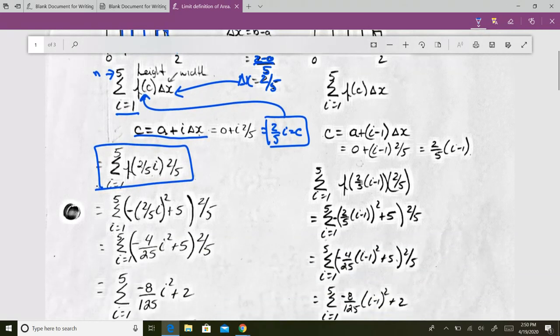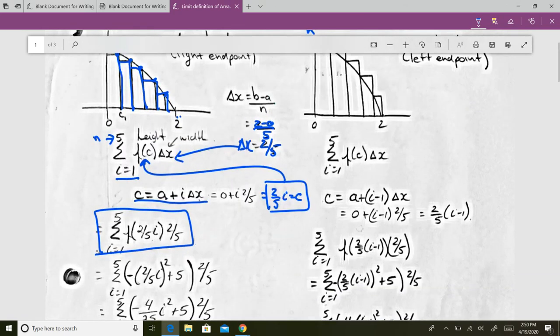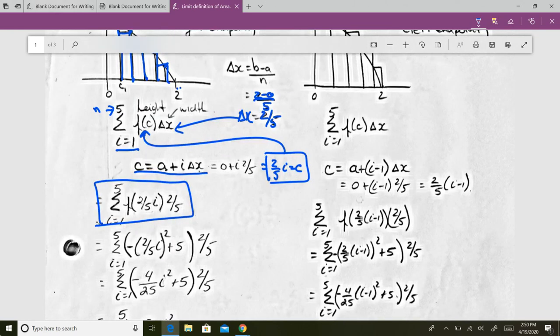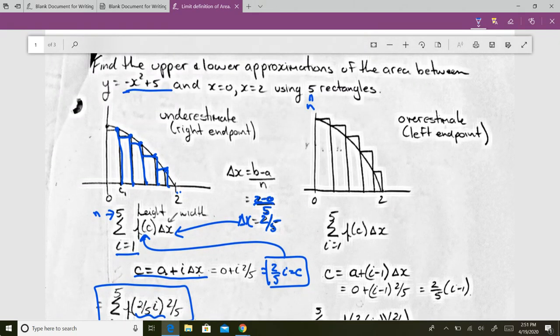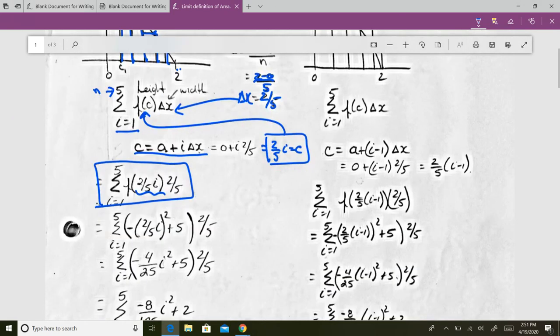Now, this goes into your function, which was negative x squared plus 5. So 2/5 i goes into negative x squared. So you get negative bracket 2/5 i all squared plus 5.